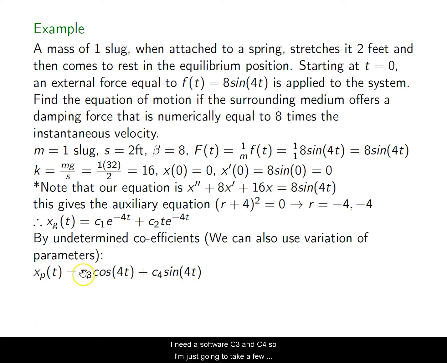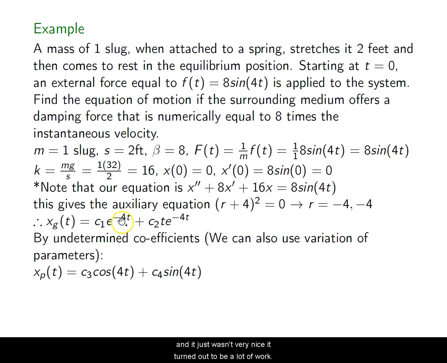I need to solve for C3 and C4. So I'm just going to take a few derivatives and plug it into this equation. When you have the non-homogeneous case, it's nice to have that equation you're working with, especially if you do undetermined coefficients. If not, I could just take these solutions and use the variation of parameters form. I started to do that on my own and it just wasn't very nice.